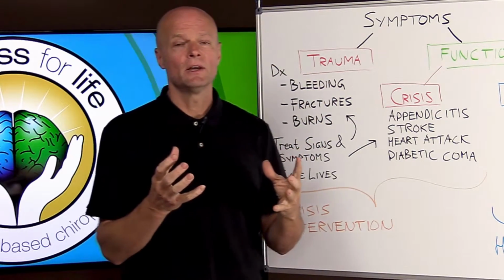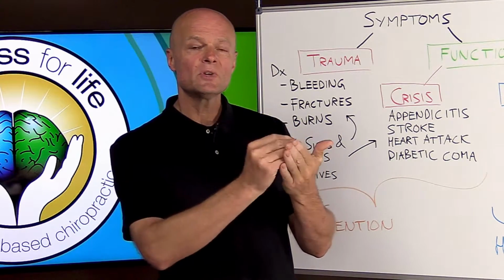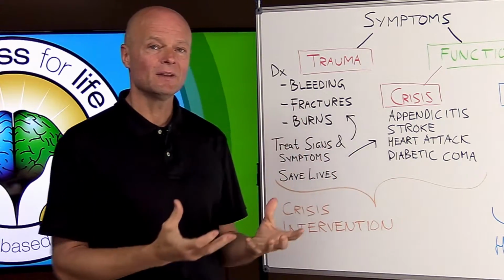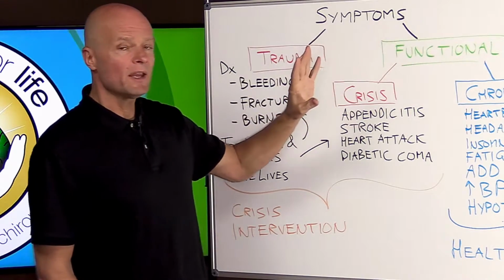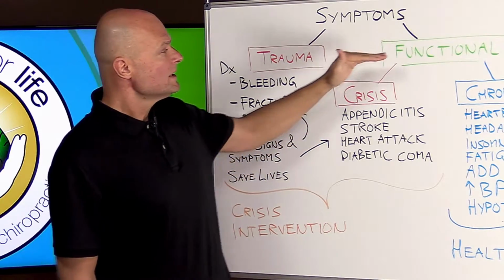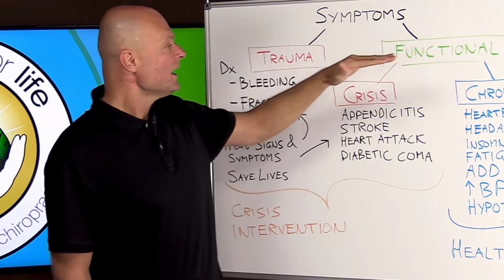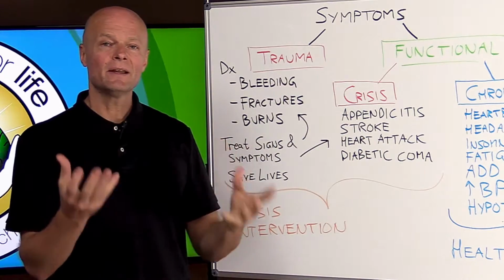It's critical to make an appropriate diagnosis so that you can treat the signs and symptoms as fast as possible and save lives. On the functional side, we can have two categories. Something can stop working properly for a long, long time and give rise to a crisis, and now this is something life-threatening.